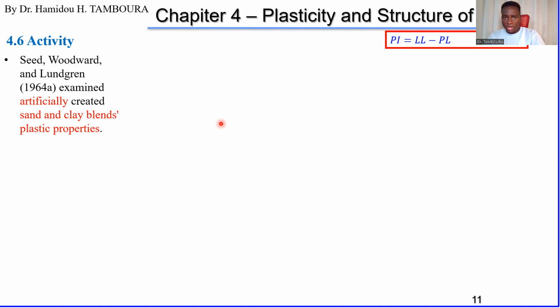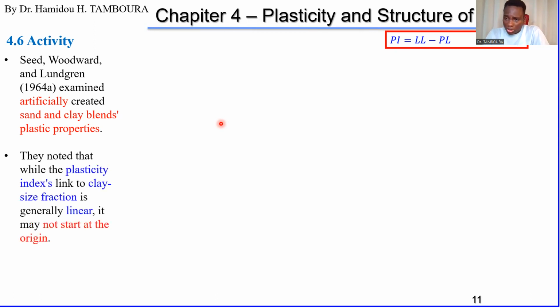They mix them together, using different proportions of course, and investigate to see what is the real influence of clay particles, or fine particles, on the activity of soil.